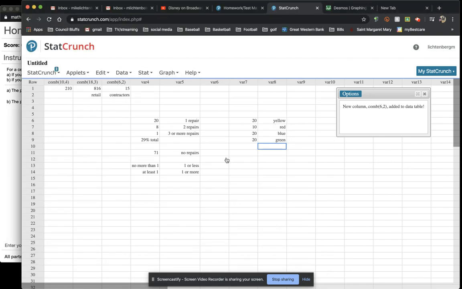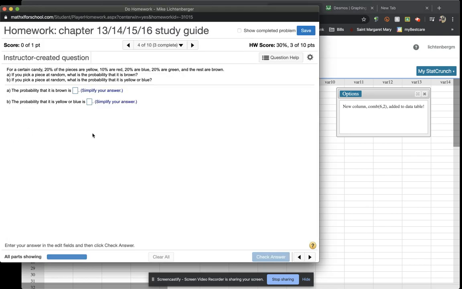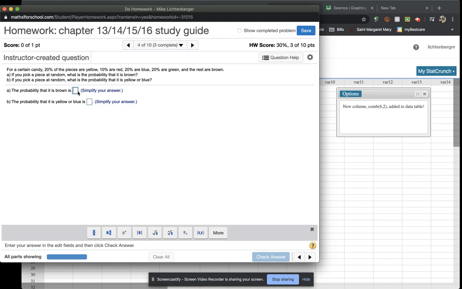And the rest are brown. Okay, so if I add all this up together, that's 20, 40, 60, 70% total. So if there's 70% total, that means 30% is left over. So 30% are brown. So the probability that it is brown is 30% or 0.3.